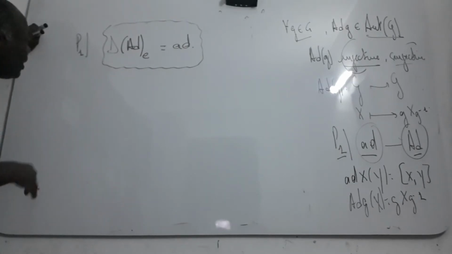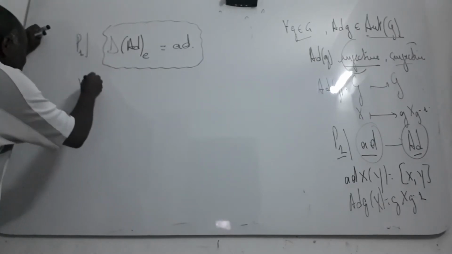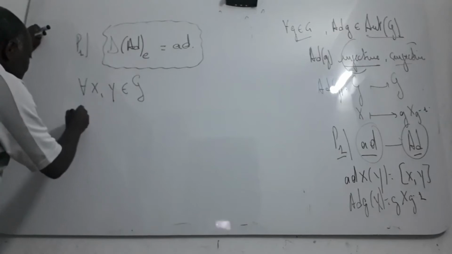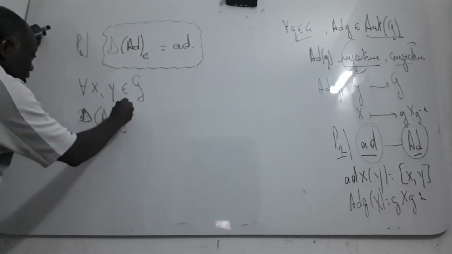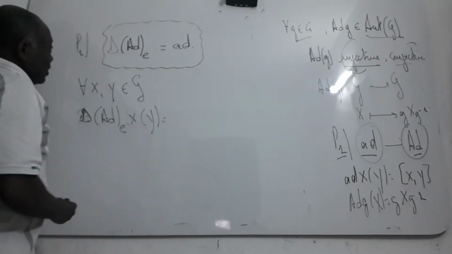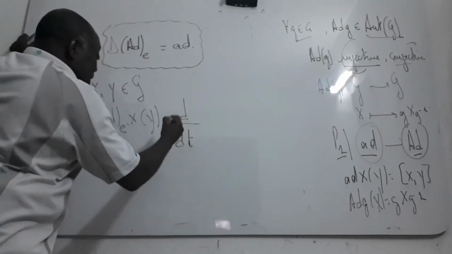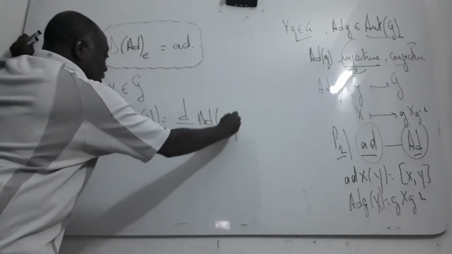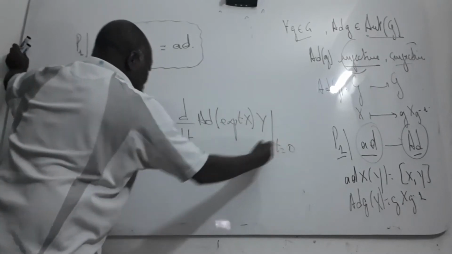That means, if you want to prove it, for all X, Y, we compute the derivative of AD at E of X, of Y. It is exactly the derivative of AD of the exponential tX, applied to Y, when t tends to 0.